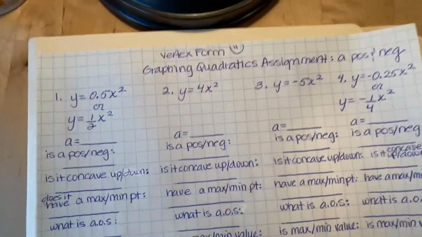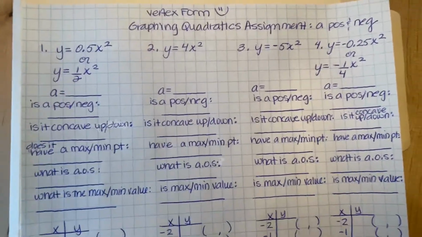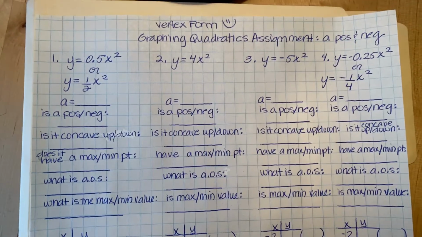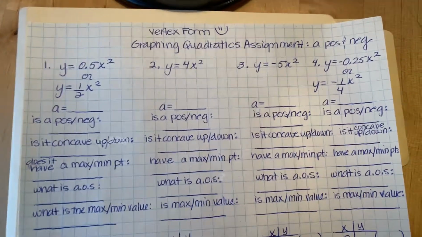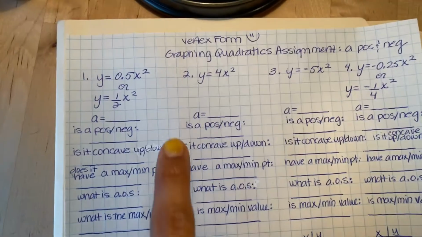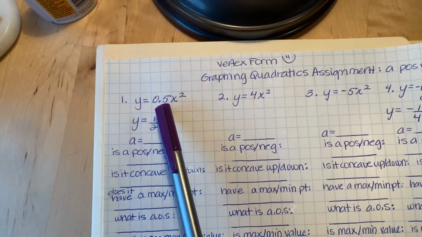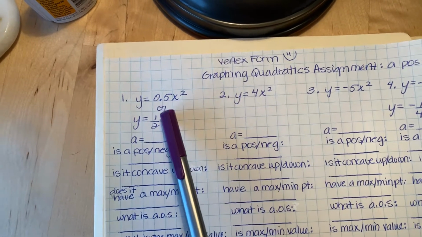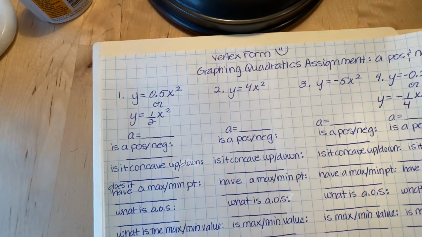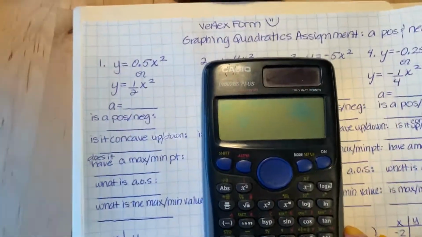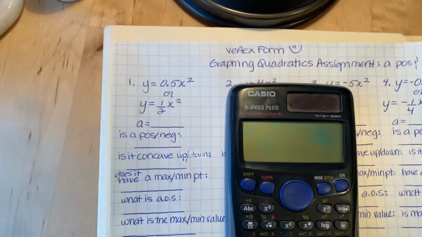All right, vertex form. You now have fraction decimals. So you have the positive and the negative. Your first quadratic is y is equal to 0.5x squared, or y is equal to 1/2 x squared. Remember, if you have this calculator, it will process it.